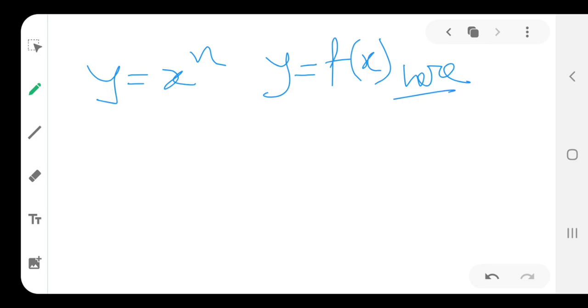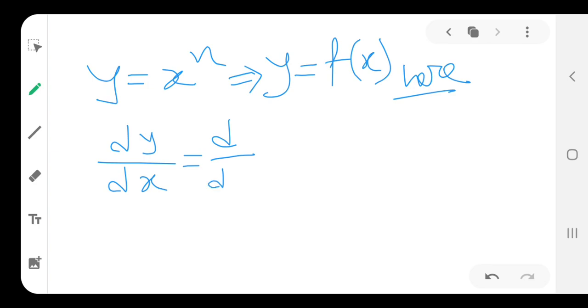Because y depends on the values of x, if we want to differentiate y with respect to x, I can put dy by dx, which is nothing but d by dx of x to the power n. Now there is a formula for that.